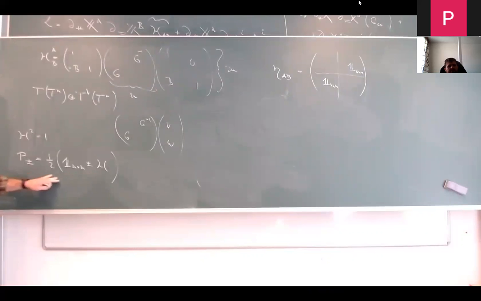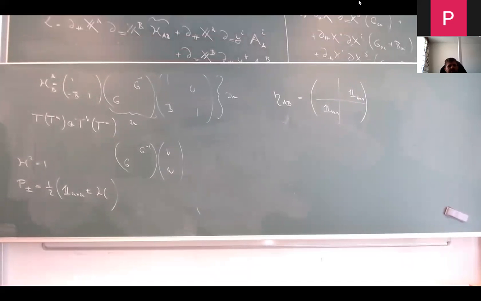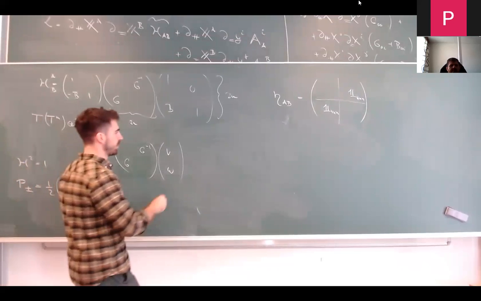Now I can define these projectors. Because it squares to 1, using that I can supplement my Lagrangian with constraints. This is not the full story. We need extra constraints to accompany the Lagrangian to actually describe something physical.